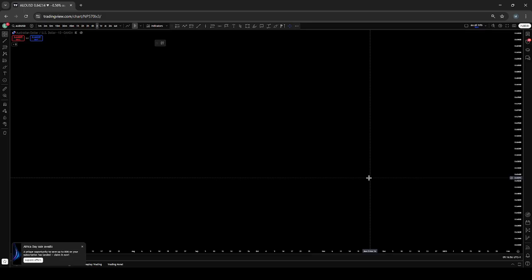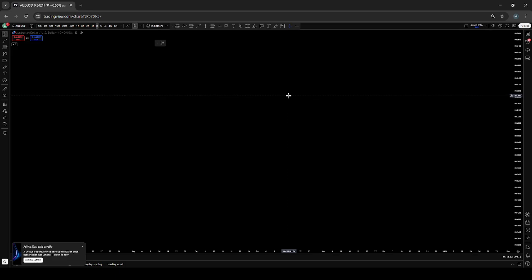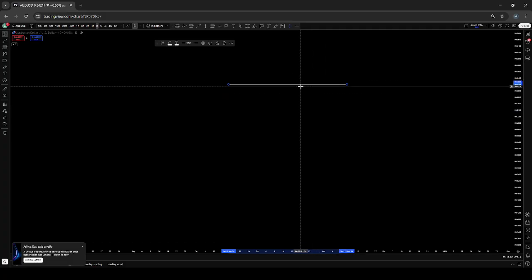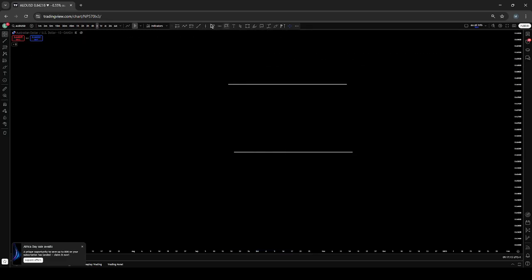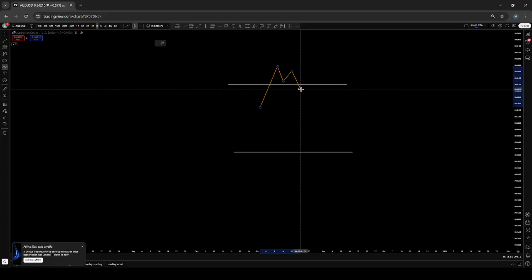So basically, the truth is, price would sometimes come to, let's imagine this is your previous day high, and this is the previous day low, right? So price would sometimes come to the previous day high, and then give the volume transfer, and it will just get transferred a little bit.